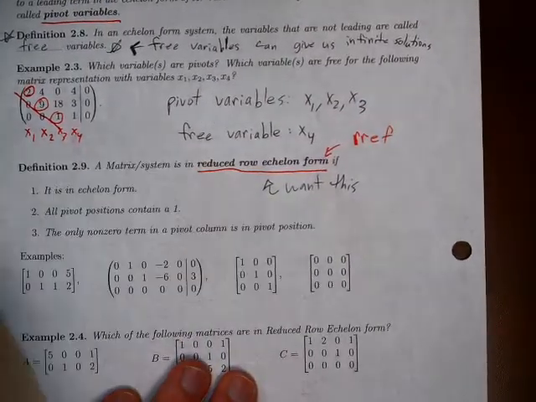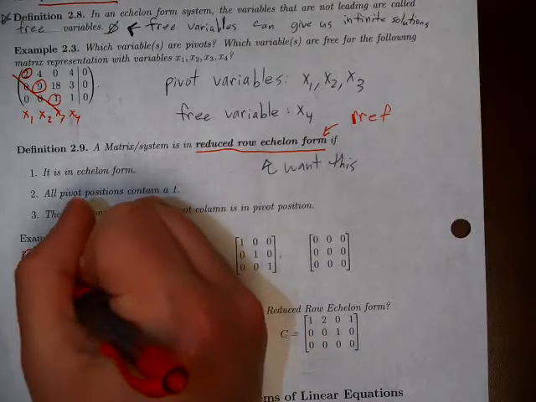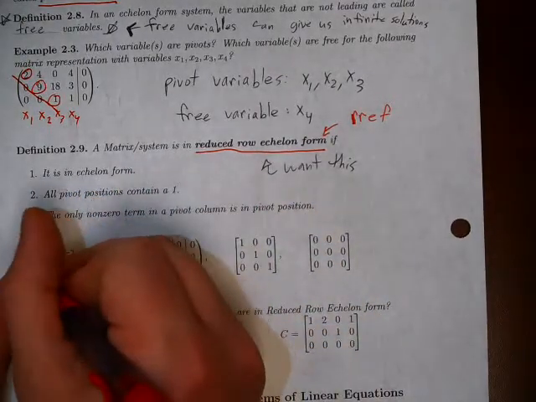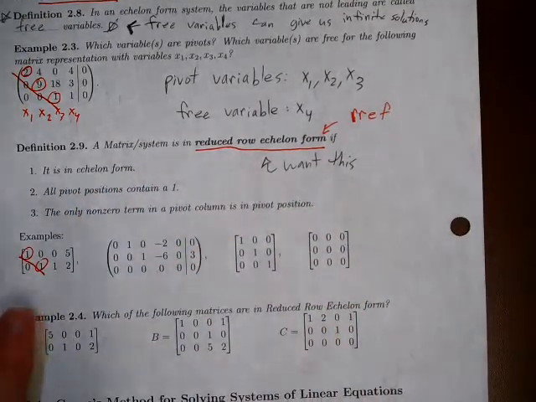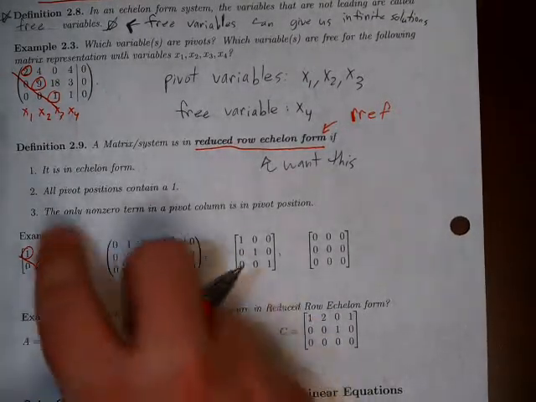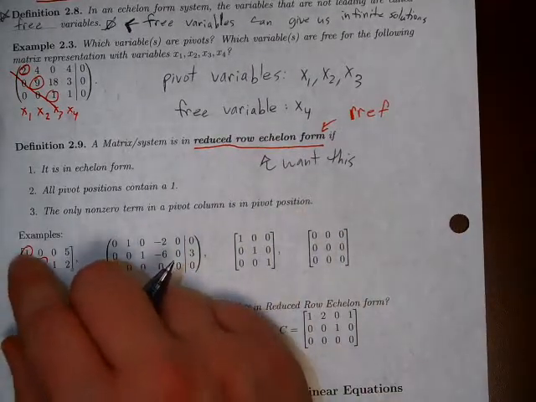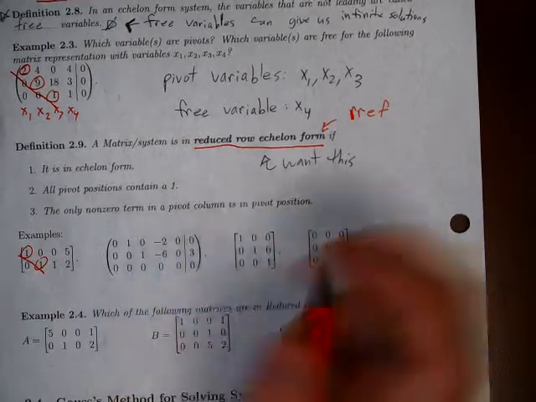So some examples of reduced row echelon form would be this. So we've got leading terms, they are 1s, it's in echelon form, and we're good to go. And when we look at the non-zero terms in that column, it's only those 1s.